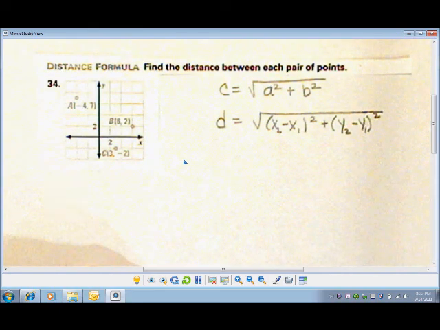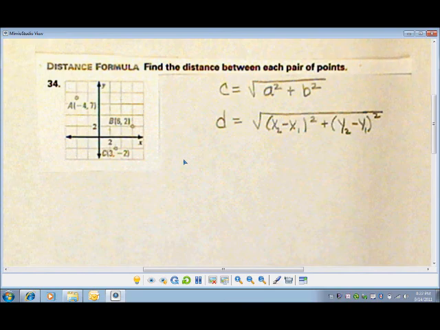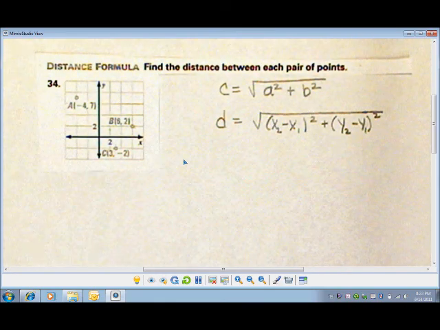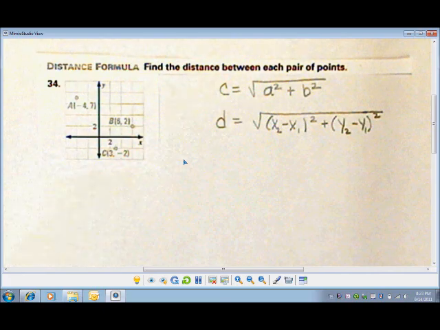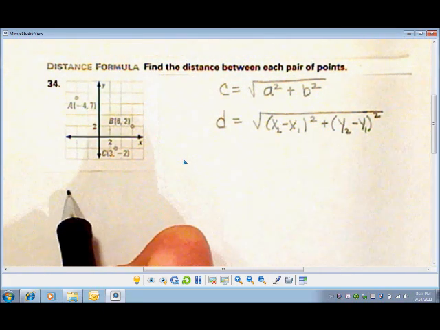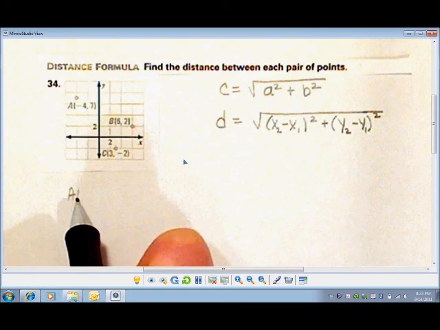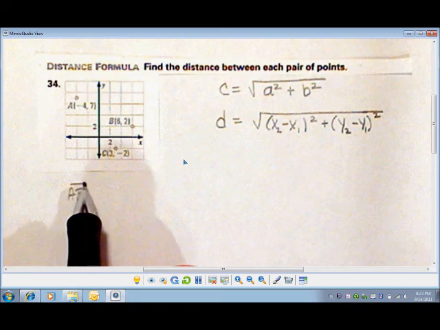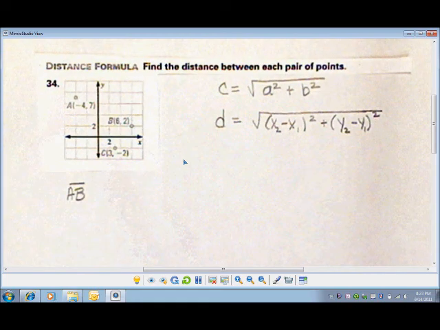Okay, so let's try to figure out what we know first. Let's list all of our possible line segments. So I have a line segment AB, and let's see, where is that line segment AB?